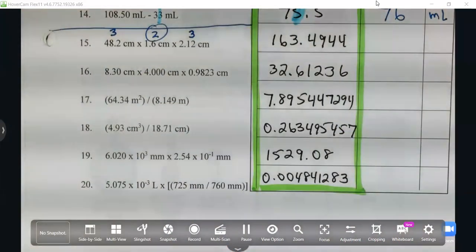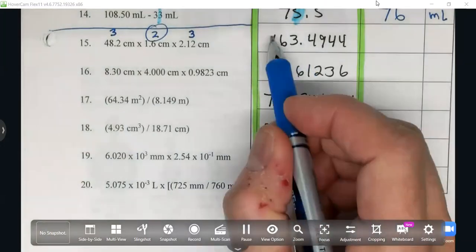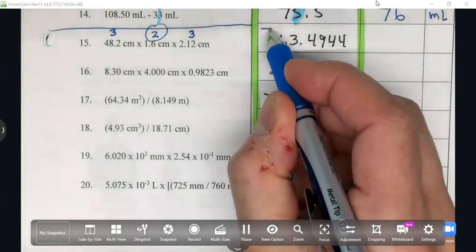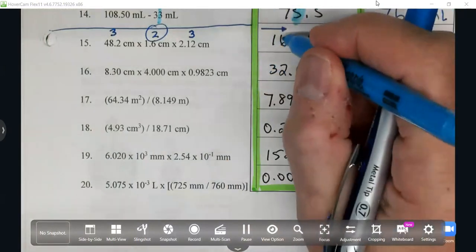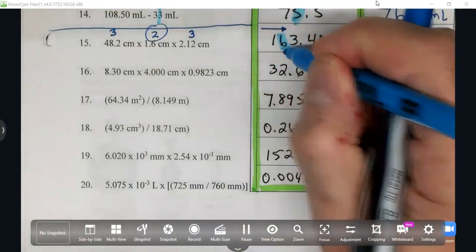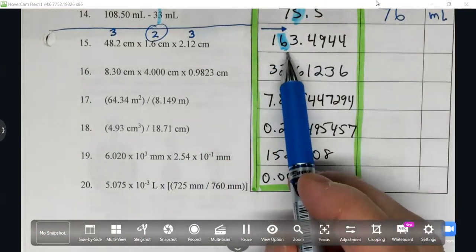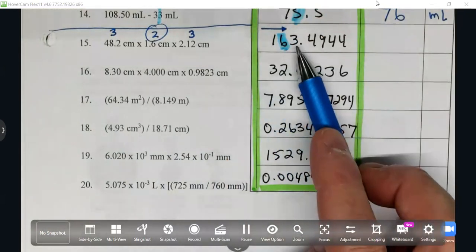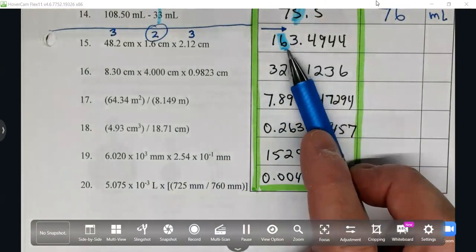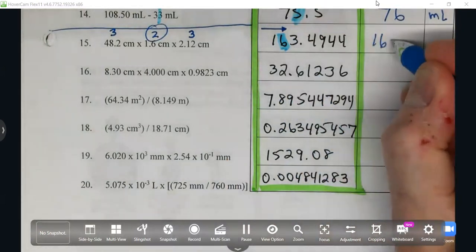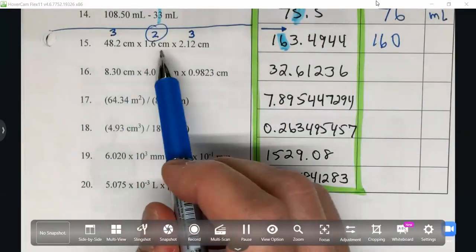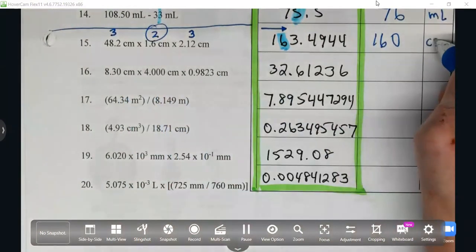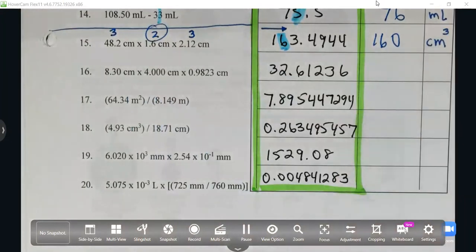The least being 2, we come in from left to right till we grab 2 digits, which is right here. We're going to round this to the tens. Since this is a 3, this is going to stay at 6. We would get 160. And then centimeters times centimeters times centimeters, centimeters cubed.